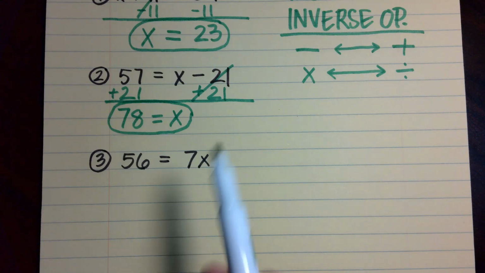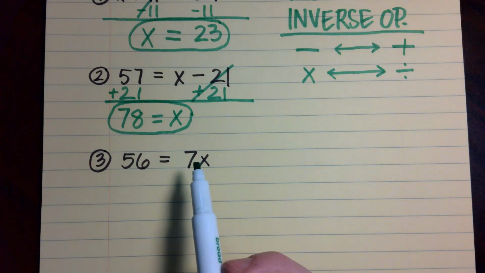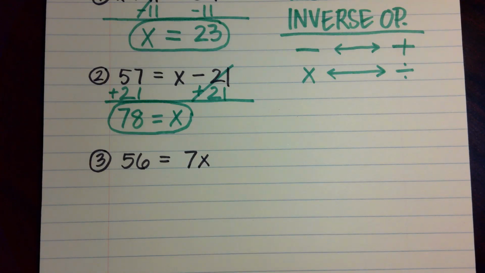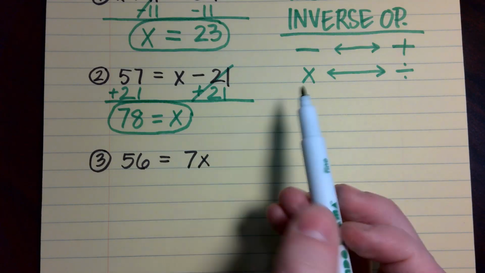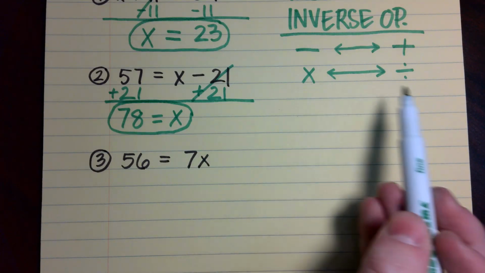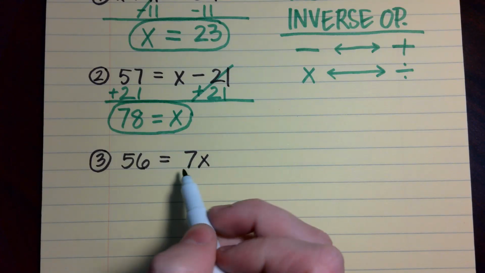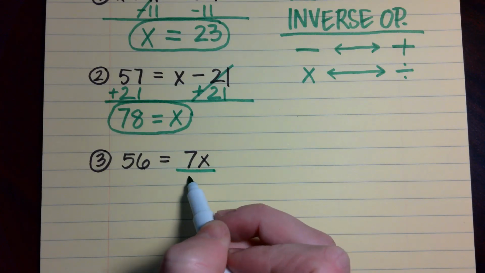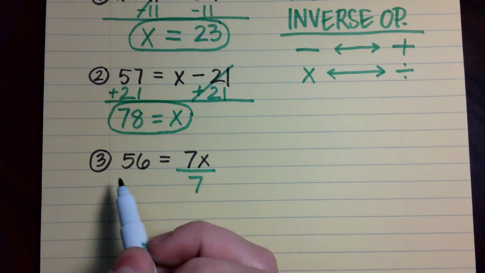Anytime that I have a number being multiplied by x, to get it unattached from x, we need to do the opposite of what's happening here. The opposite of multiplication is division. So to get rid of 7 times x, we're going to divide by 7. And whatever I do to this side, I've got to do to the other.